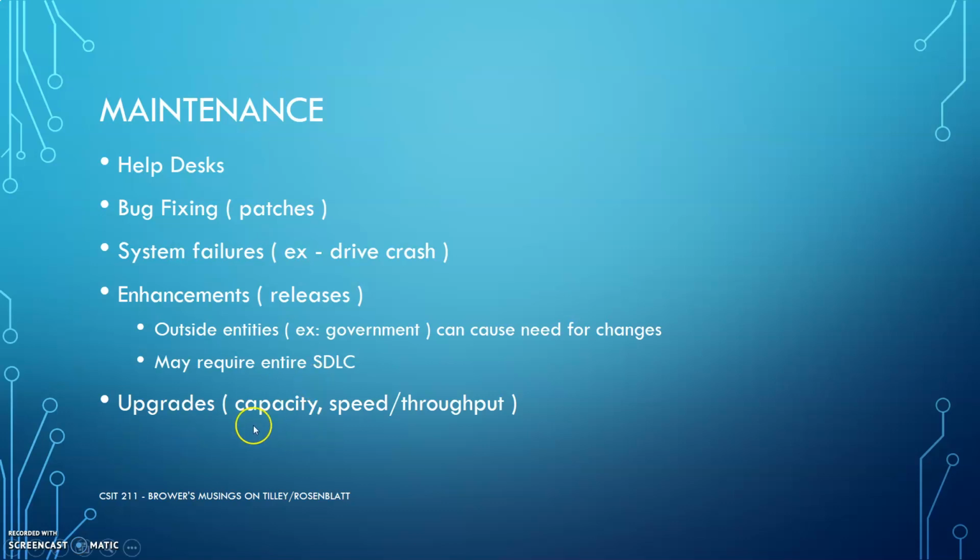Another kind of maintenance would be, and I already mentioned the thing about capacity, they should be keeping track on the system to make sure that we're not running out of space. The system administrator should be making sure we don't run out of space. But sometimes we may get to a point where the physical hardware has to change, and they're going to have to migrate the system from one server to another server, and that could be time consuming.